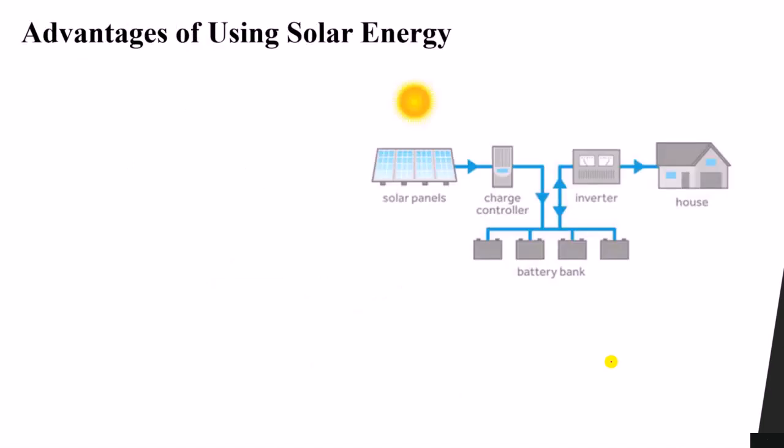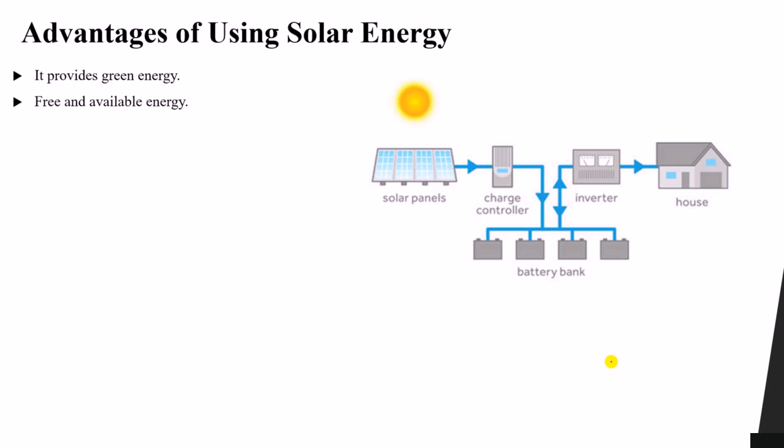Before we start discussing the solar panels, we need to know why we should use solar energy instead of something like wind energy or wave energy. First, it provides green energy. It does not consume or produce CO2.